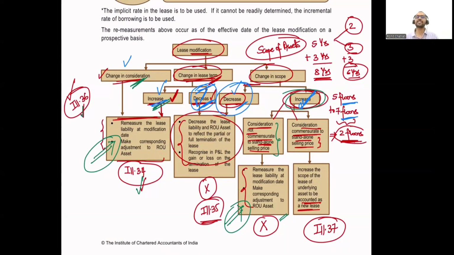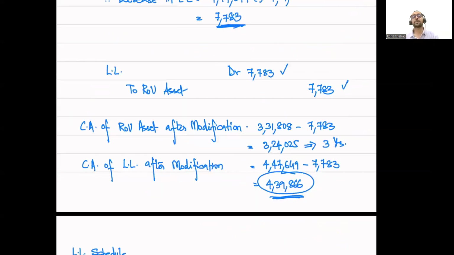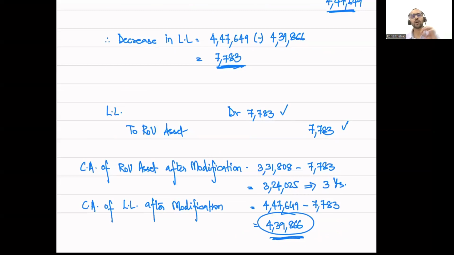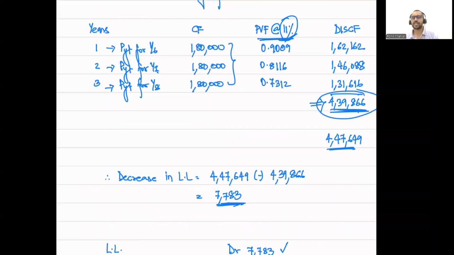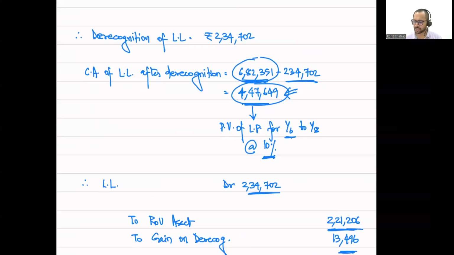Whereas in case of change in lease term, yes, the remaining lease term came down by 40 percentage, but we did not do lease liability multiplied by 40 percentage. We separately calculated the derecognition of lease liability, which we calculated as the present value of the payments that are no longer required to be made.